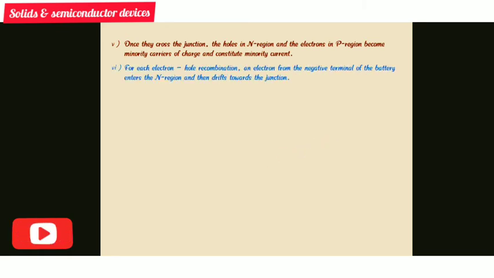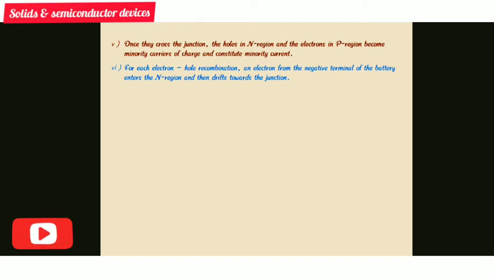Once they cross the junction, the holes in the N region and the electrons in the P region become minority carriers and constitute minority current.